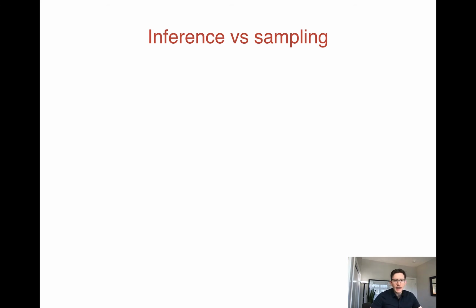Now, it turns out that using the methods that I'm going to tell you about in just a minute, we can often sample pretty efficiently even in cases where we don't know how to do inference efficiently.